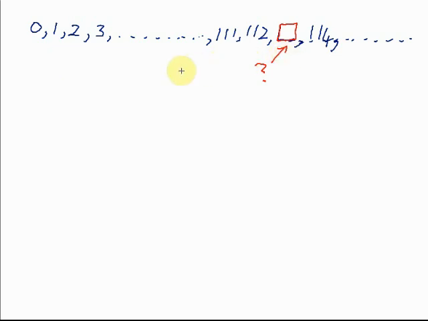So the missing number is 112 plus 1, and 112 plus 1 is what? 113. So the missing number is 113.